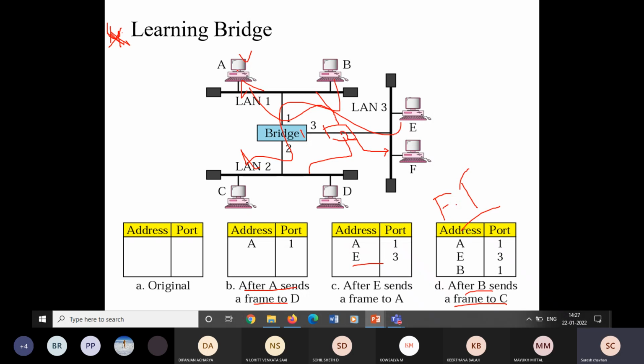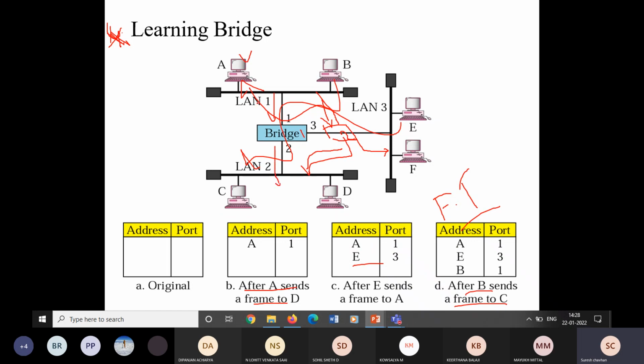So suppose LAN 1, I mean A, wants to send the data to D, right? So what happens? Bridge 1 will receive the information as well as bridge 2 also will receive the information, right? And bridge 2 will send the information here and bridge 1 will also send the information here.